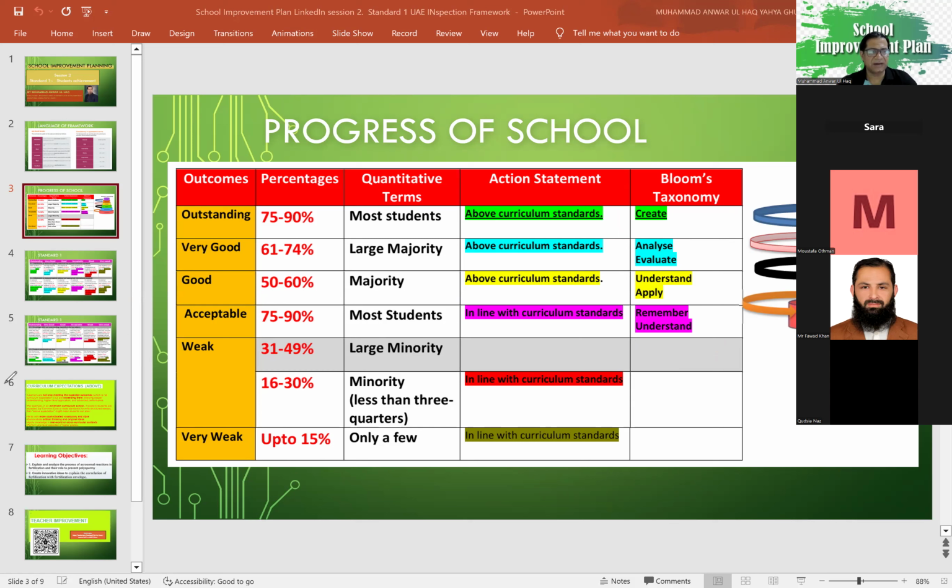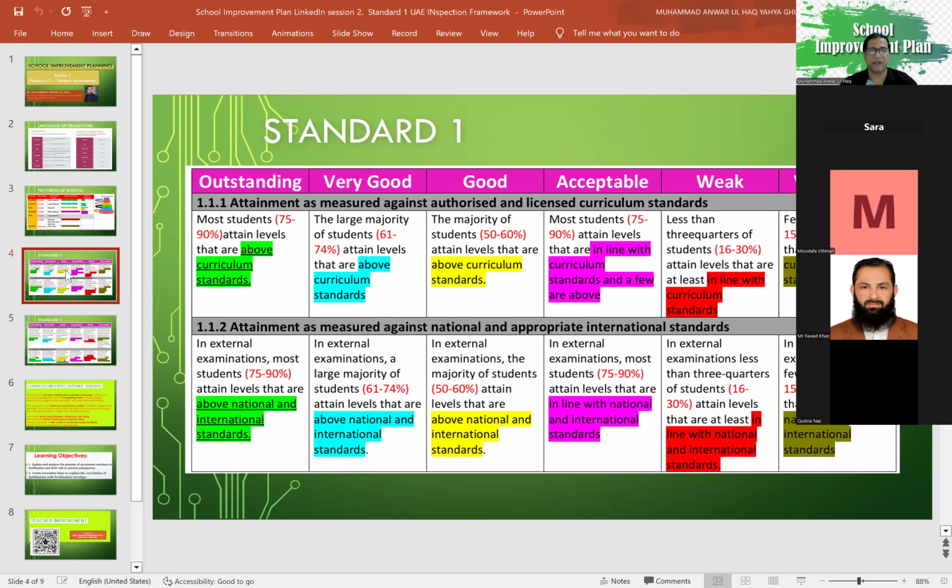Now, the next thing that we have to go to, which is really very important, is standards. Standard one is related, as I mentioned before, to student achievements. Now, I have made this slide.